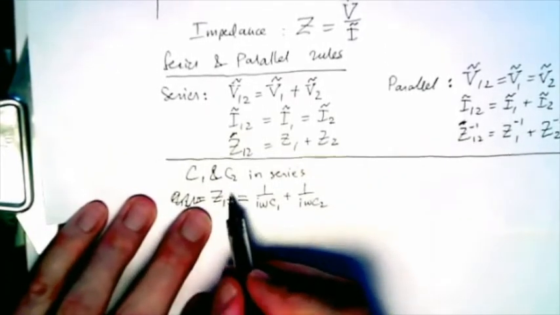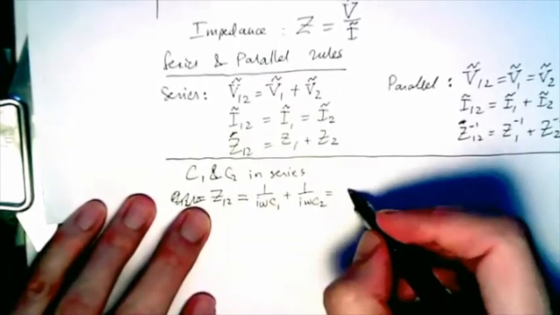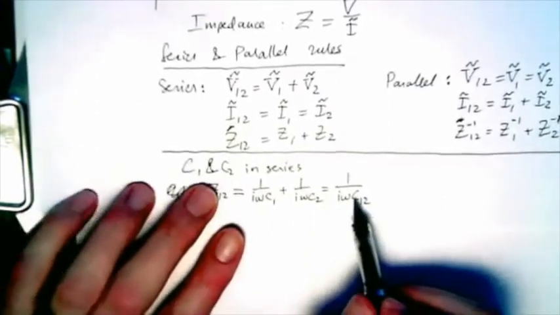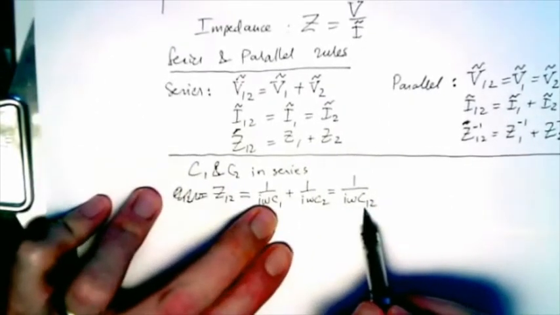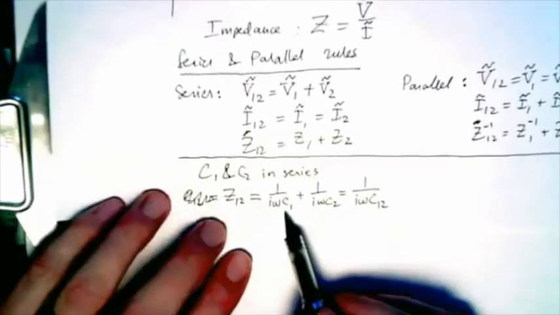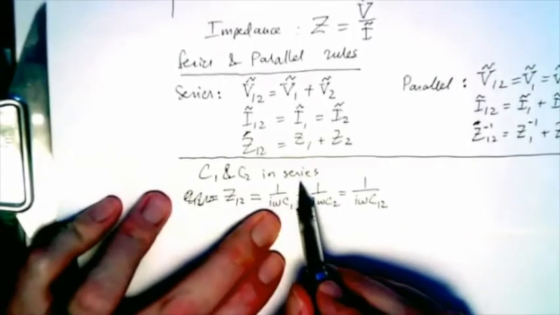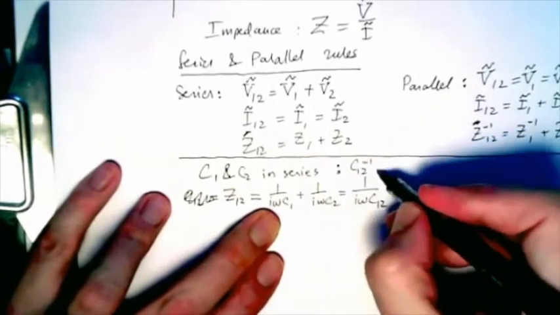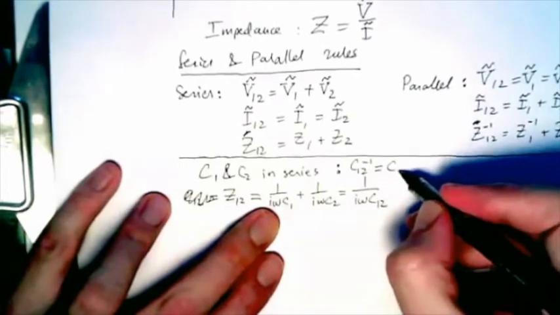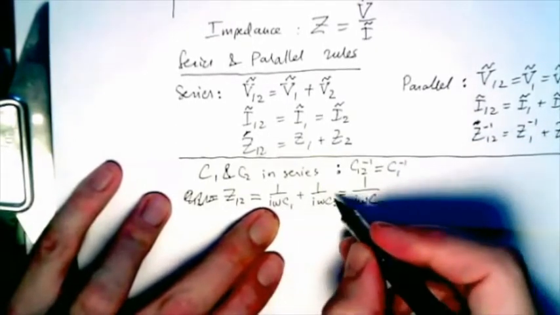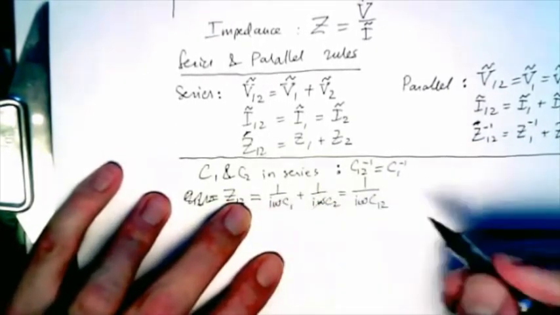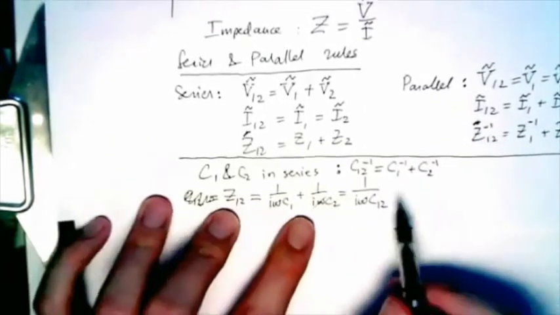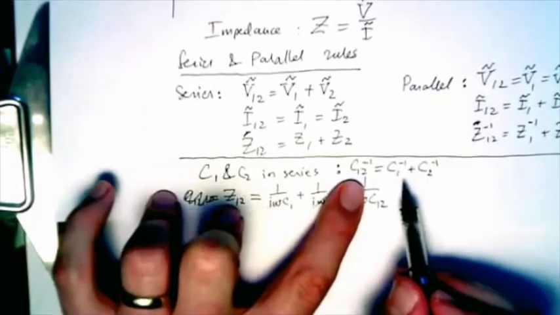And that we could equate with an effective impedance, which is what we always do. Which means that for capacitors in series, the capacitance adds inversely, because it's 1 over C1, 1 over C2, since you can divide these out.